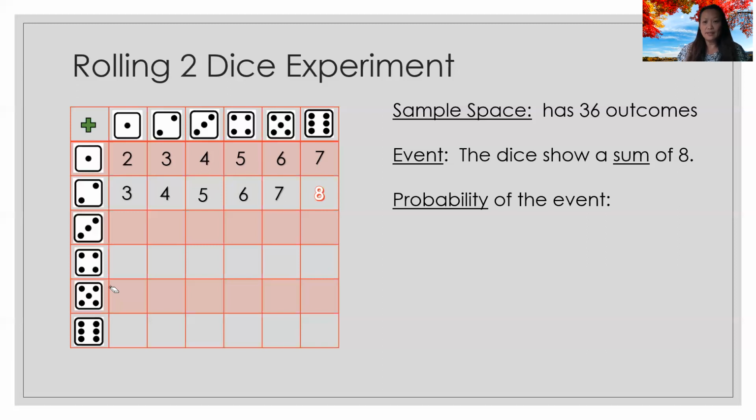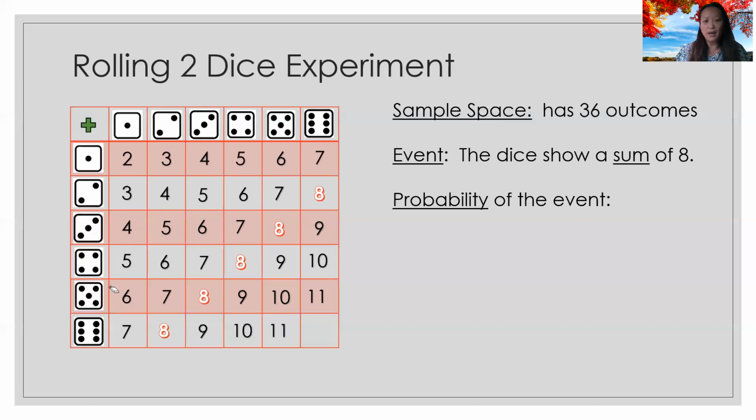Ooh, there is one of the 8s that we're looking for. Okay, and then so keep adding 4, 5, 6, 7, 8, another 8, and then 9. 4 plus 1 is 5, and then 6, 7, 8, 9, 10, and then 5 plus 1 is 6, 7, 8, 9, 10, 11. And then we add 6 plus 1 is 7, 8 again, 9, 10, 11, and 12. So as we can see, the sample size is 36.